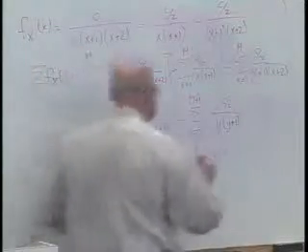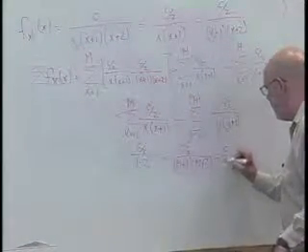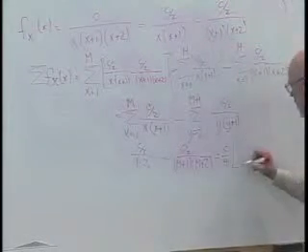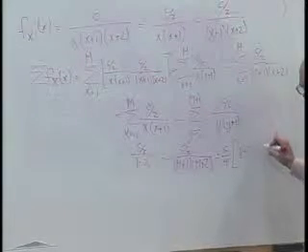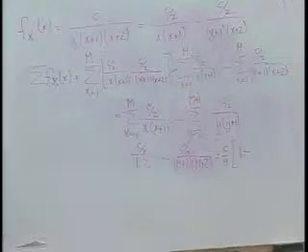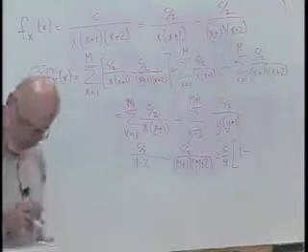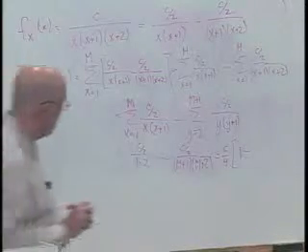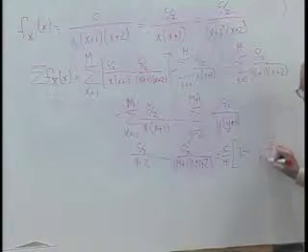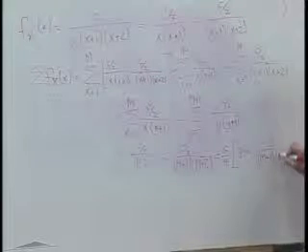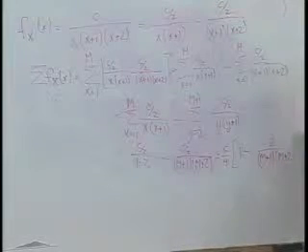I got c over 4 times 1 minus 2 over m plus 1 times m plus 2.